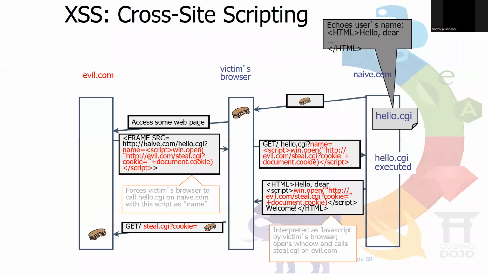In this website, the frame source, when the frame is executed in your browser, makes a GET request. The GET request says go to naive.com hello.cgi, which is the main page that your bank website will show. Once it gets there, it will execute a script.